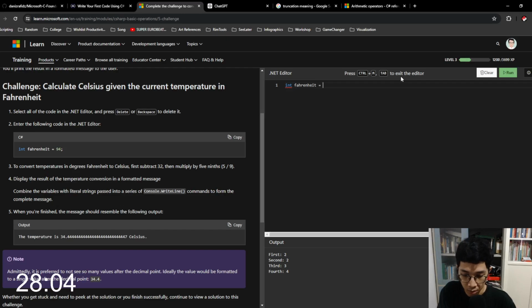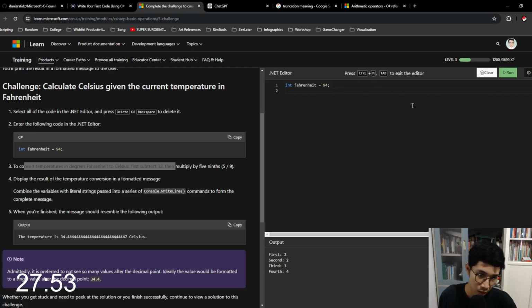Fahrenheit is equal to 94. To convert a temperature in degrees Fahrenheit to Celsius, first subtract 32. So I make a new integer, or maybe a float decimal.